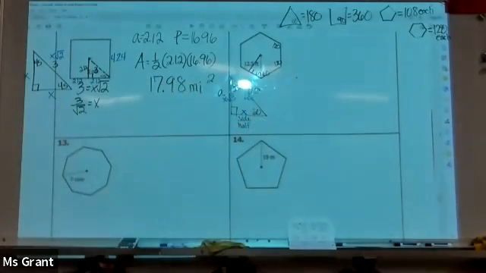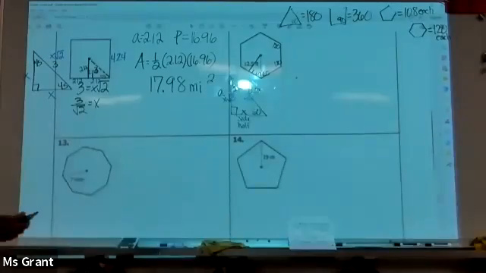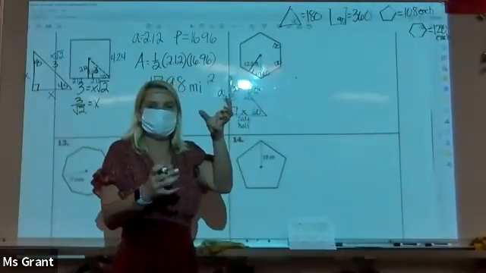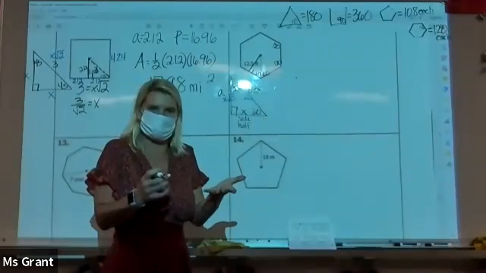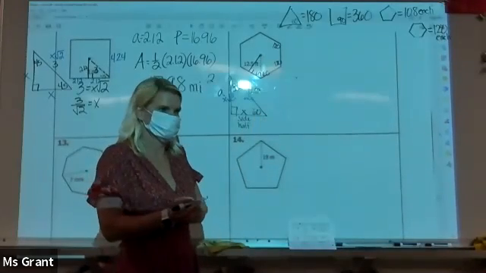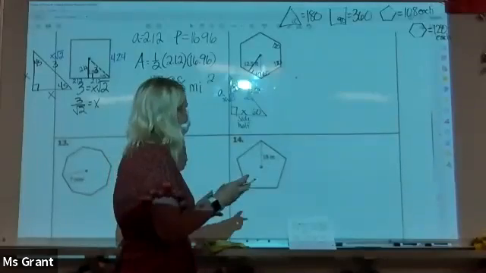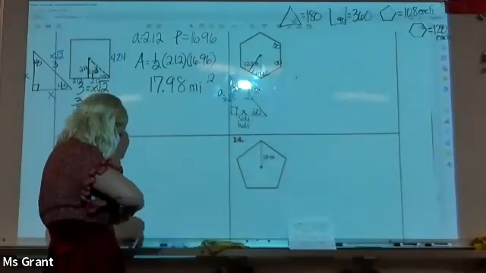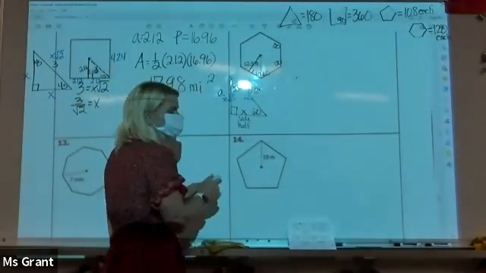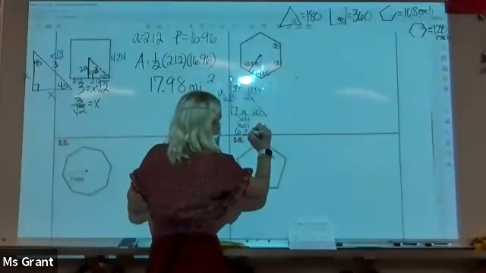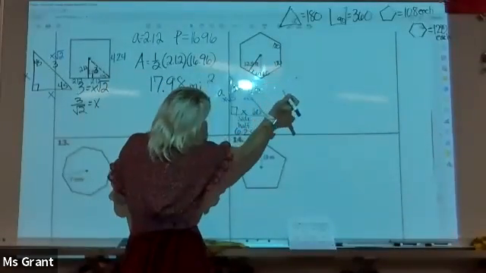Okay. So if 2x is 12.5, what's just x? If double something is 12.5, what's one of something? Half of 12.5. Yes, 6.25. So 6.25 is going to be this one here.